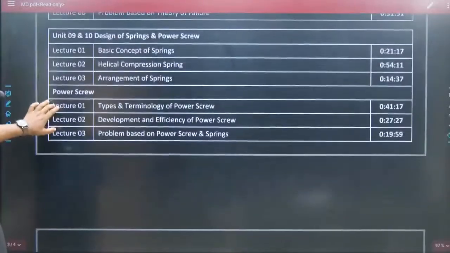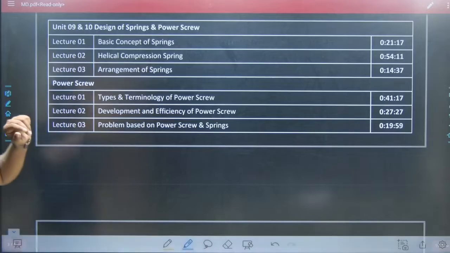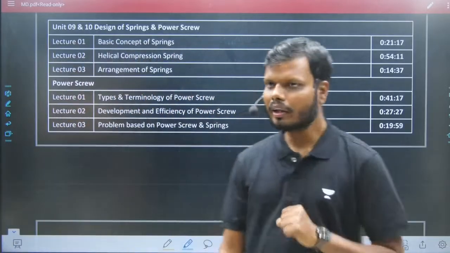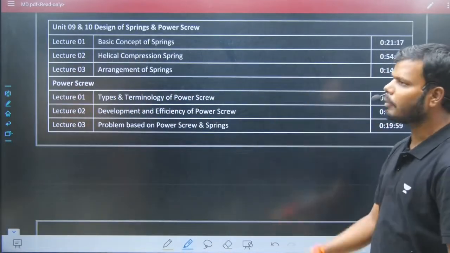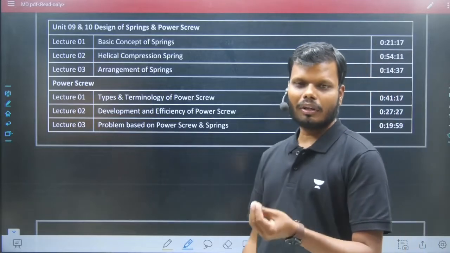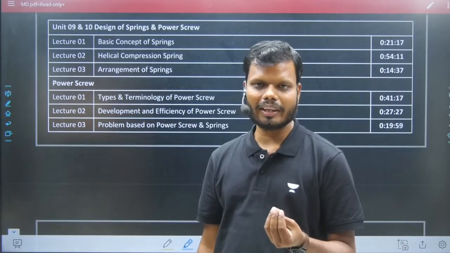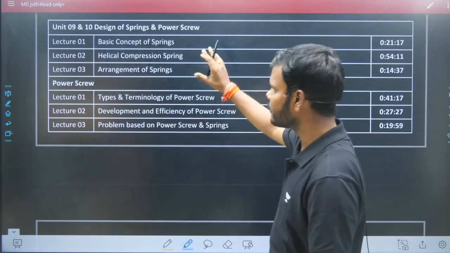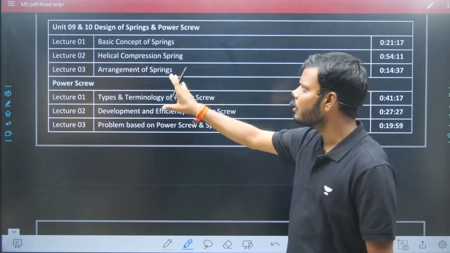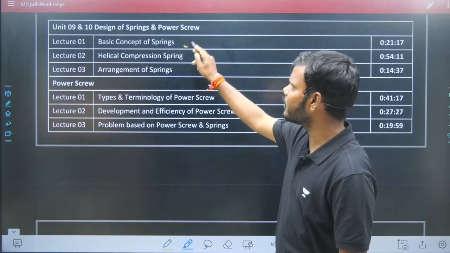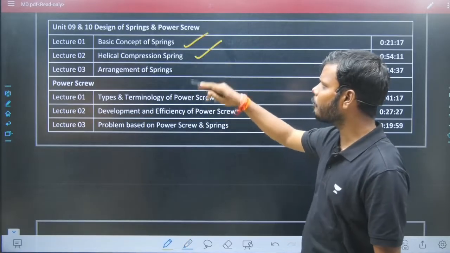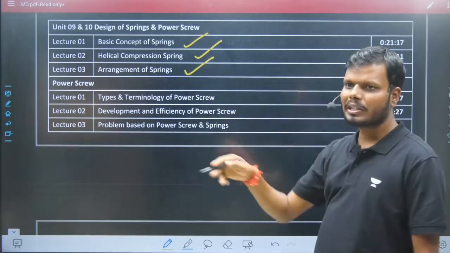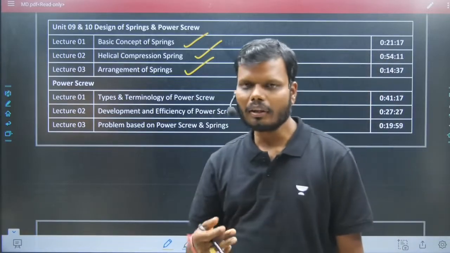Next one is unit 9 and 10, that is design of spring and power screw. In the last 2 years in the GATE examination, these topics have been covered, so this is very important. Design of spring: basic concept of spring, helical compression spring, and arrangement of spring, that is series and parallel connection.